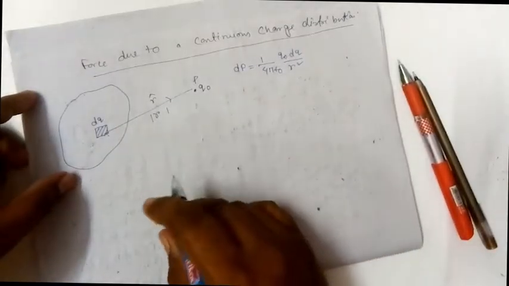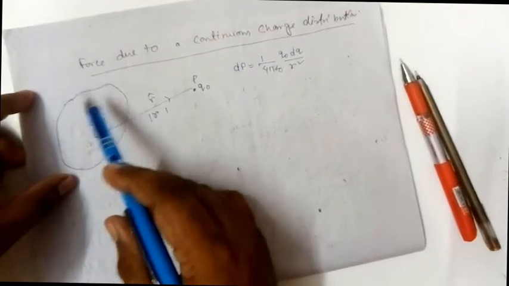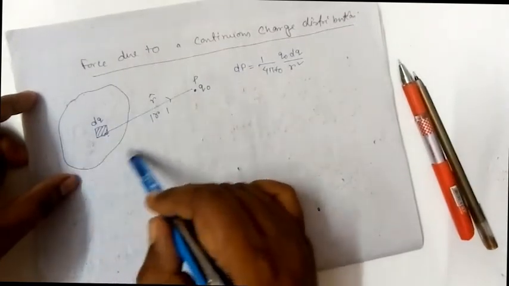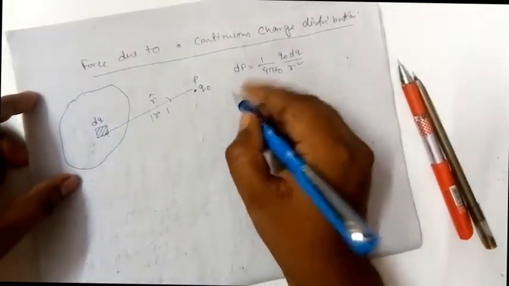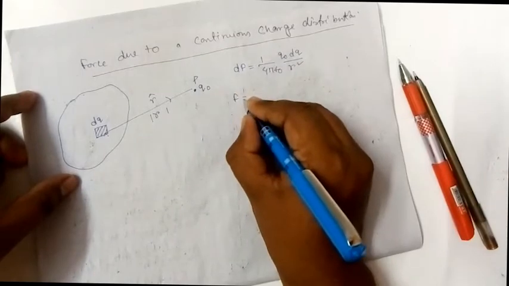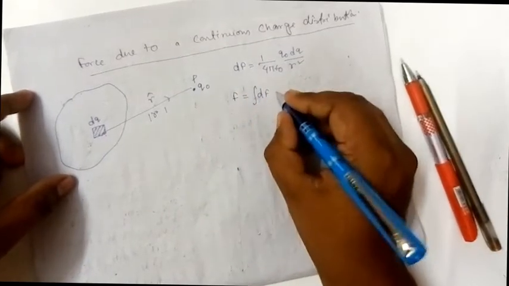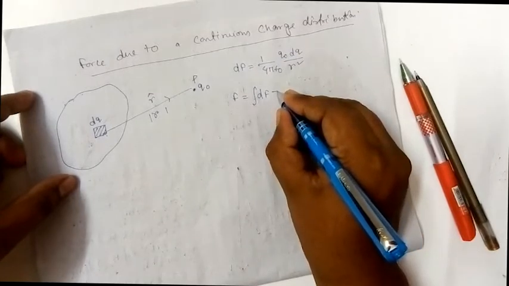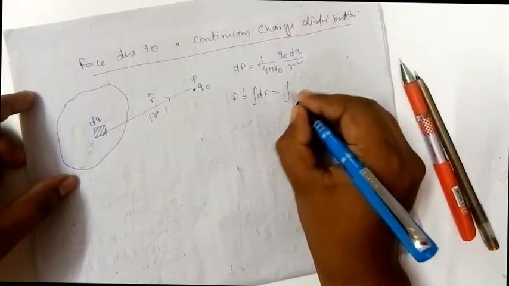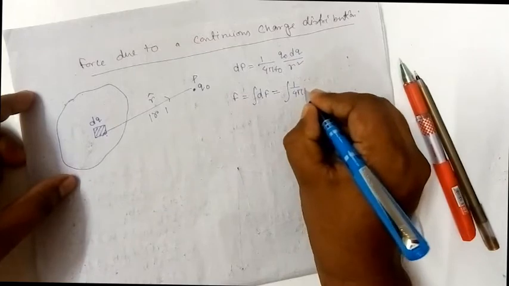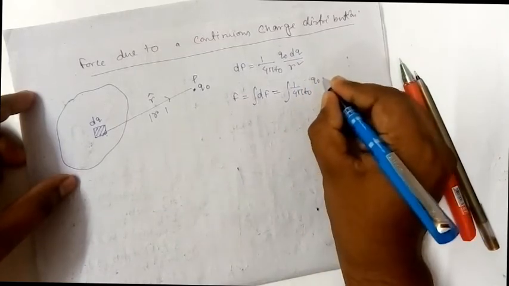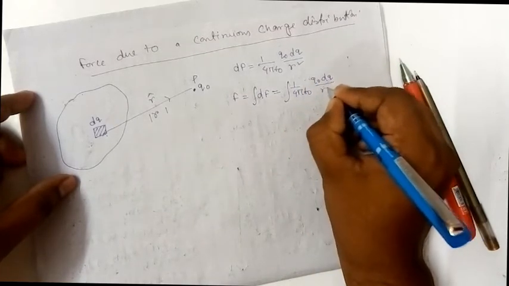To find the force due to the whole charge distribution, we have to integrate. So F equals the integration of dF, which equals the integration of 1 by 4 pi epsilon naught, q naught dq by r square.